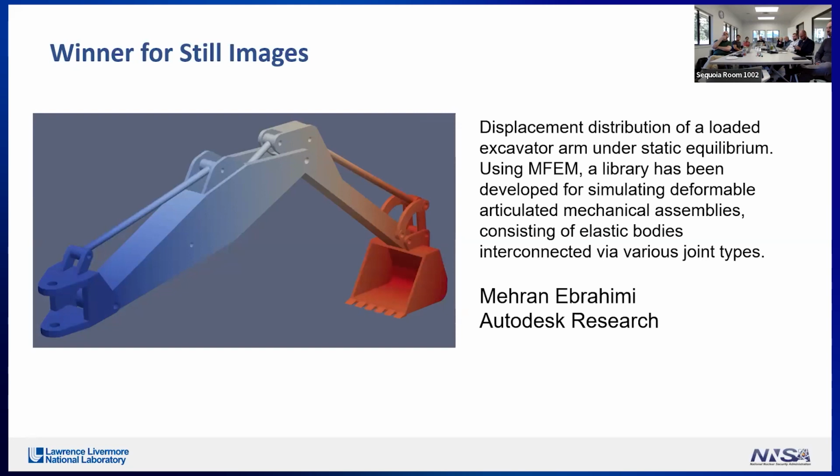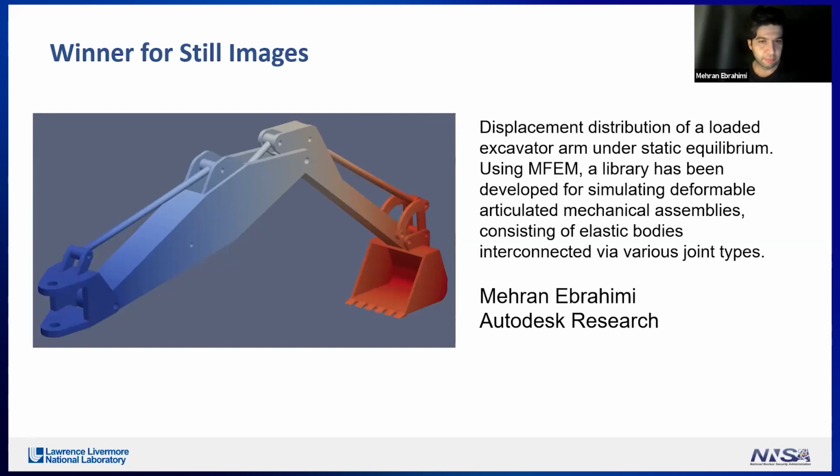I have a short question, maybe to clarify. In here you're saying assemblies. Does that imply that each part has its own mesh, and then there is some coupling? Yeah. So each part has its own mesh, and then depending on how the components are connected together, we have different joint types.